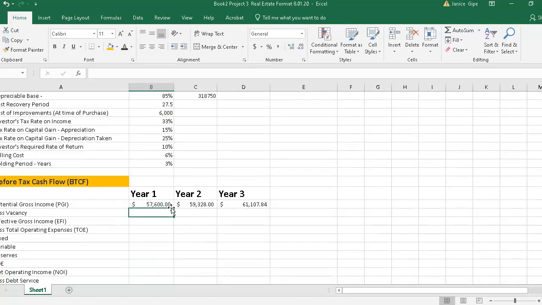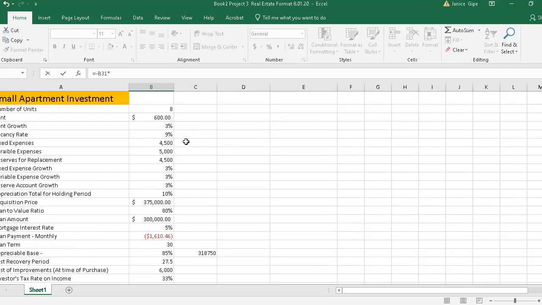We would take the potential gross income times the 9% potential vacancy rate.